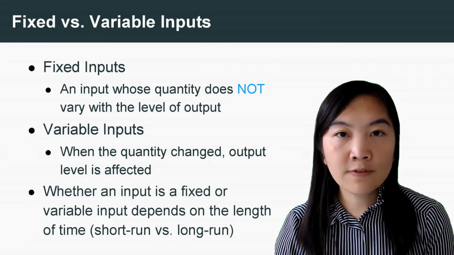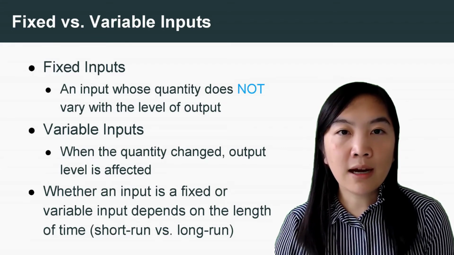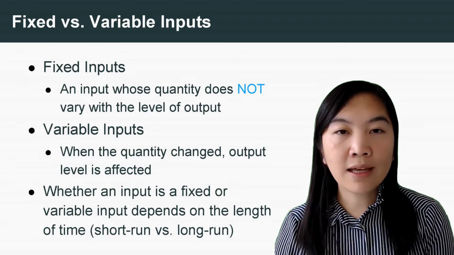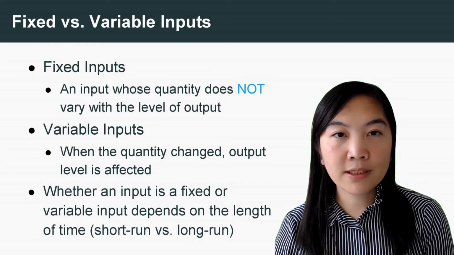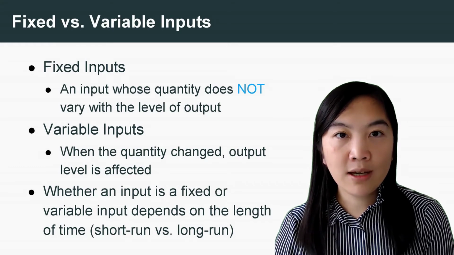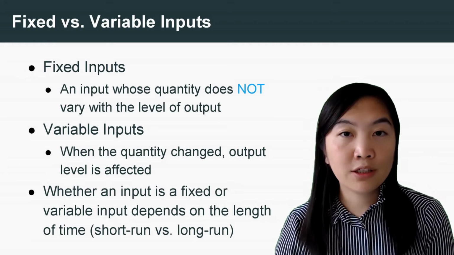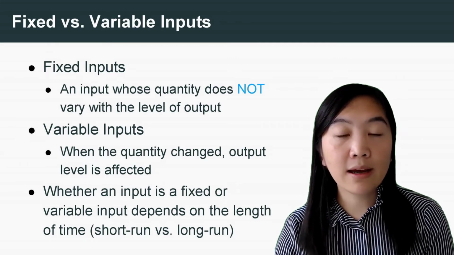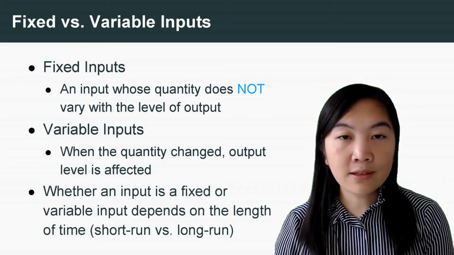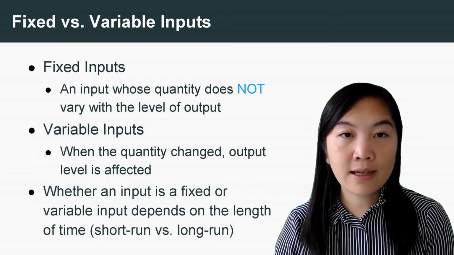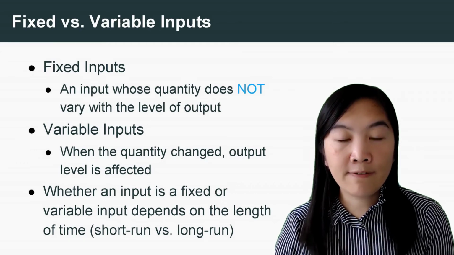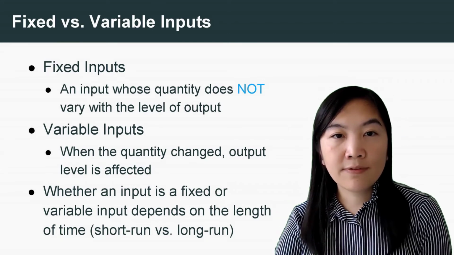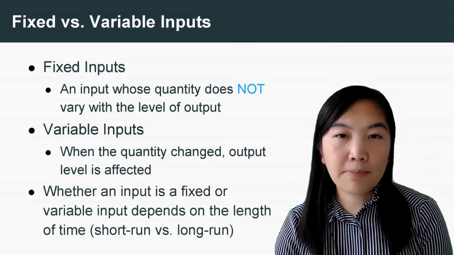On each of those plots, the quantity of the land actually didn't change. So that is a fixed input. However, when we change the level of nitrogen, then the output changes, and nitrogen in that example is the variable input.